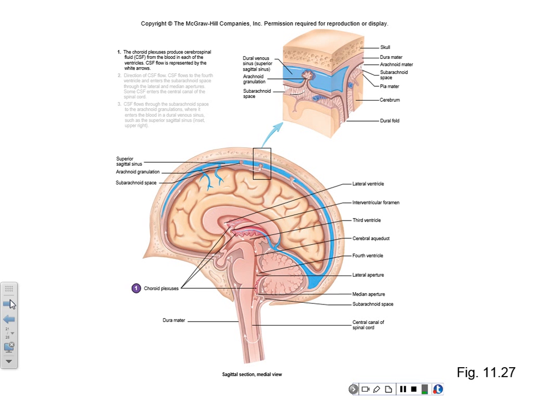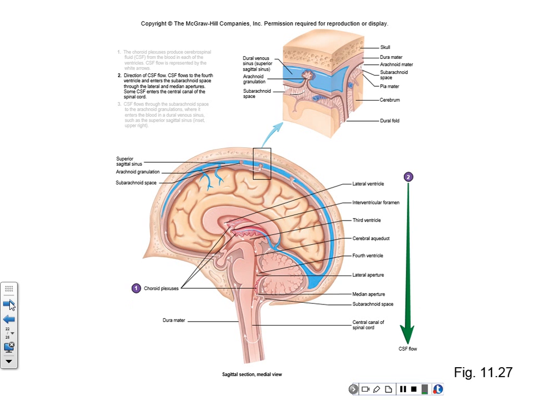And then the interventricular foramina join to the third ventricle, and you can see this is the direction of cerebrospinal fluid flow. Lateral ventricles, interventricular foramina, third ventricle.